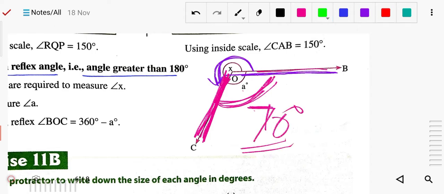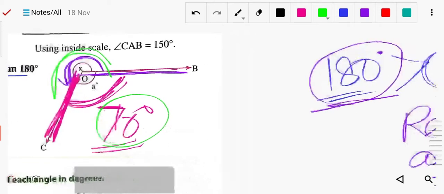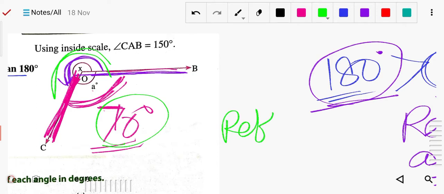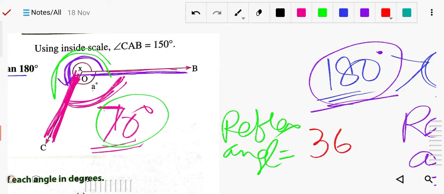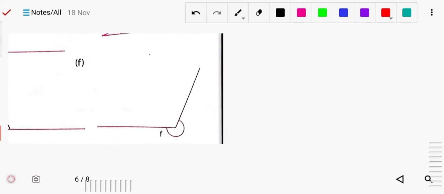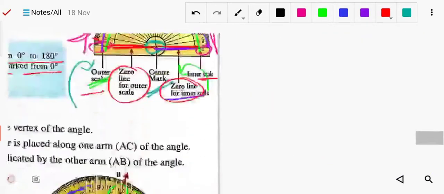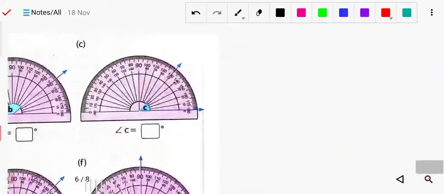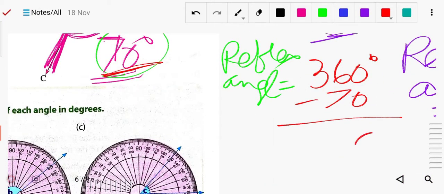Then now we have to find this angle. This is your 70 degrees. To find the reflex angle, you write reflex angle equals 360 minus whatever angle you got, and you subtract it. Then you will get the reflex angle.